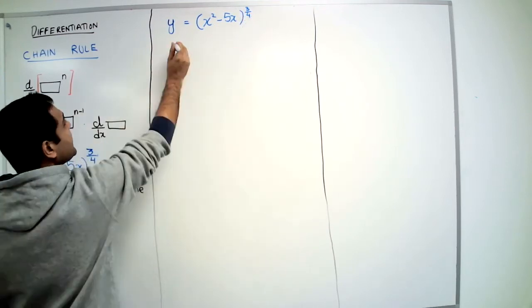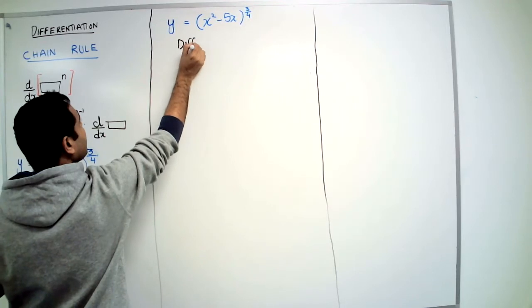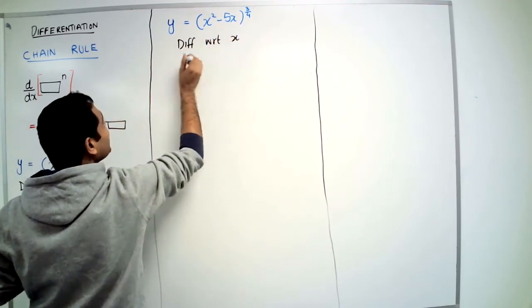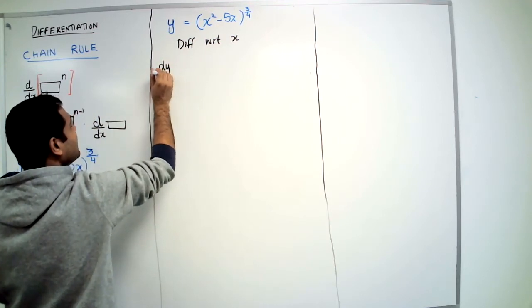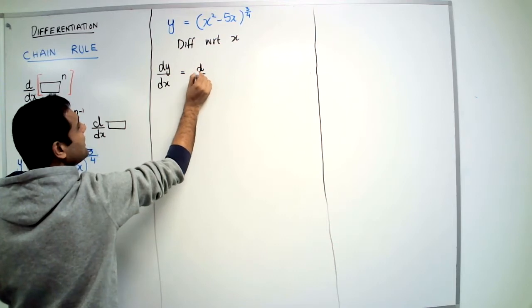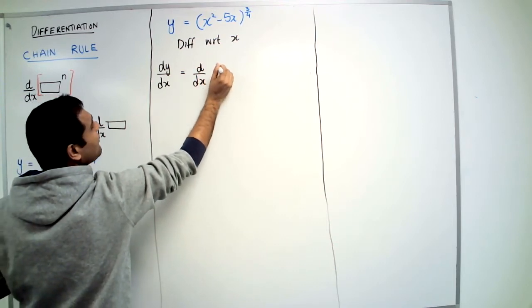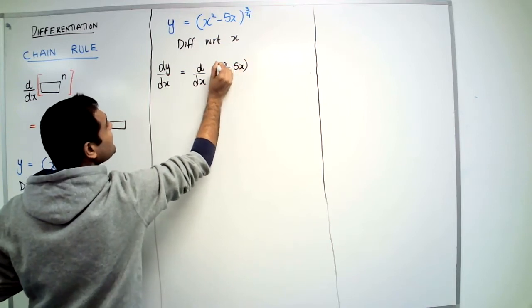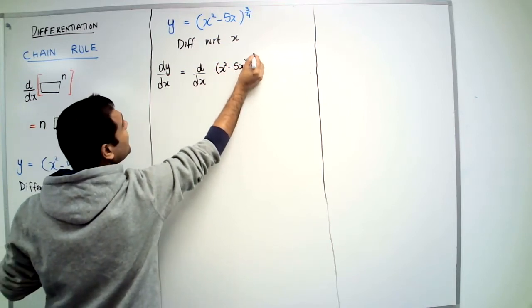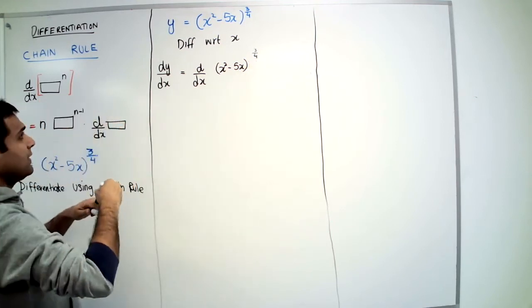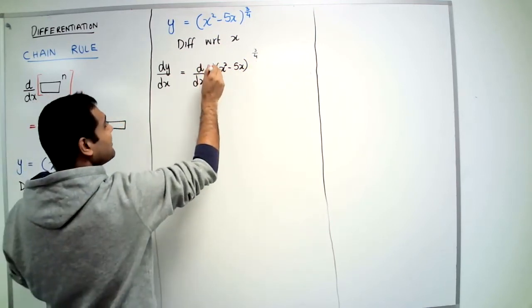Now let's differentiate with respect to x. So that becomes dy over dx equals d over dx of x squared minus 5x to the power of 3 over 4. So now this is the box.